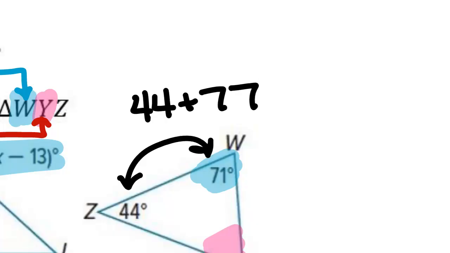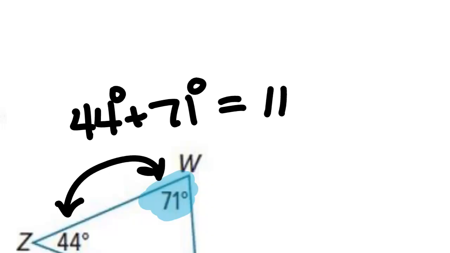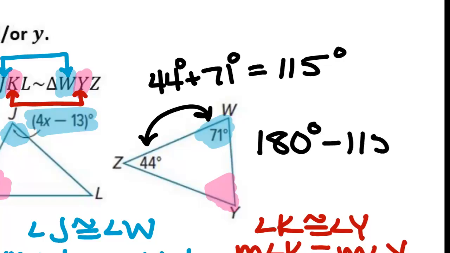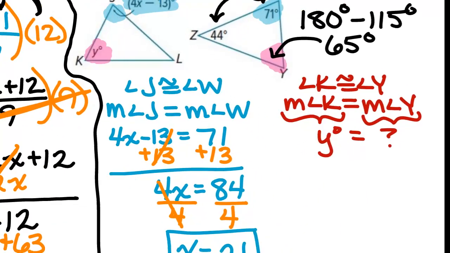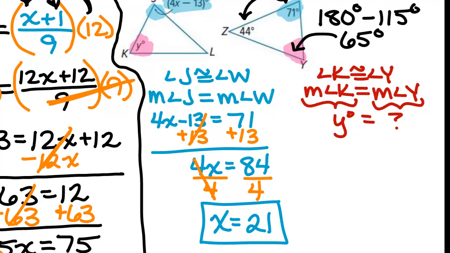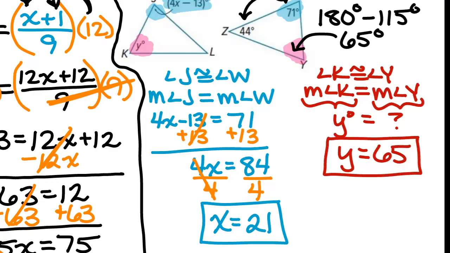Thank you for fixing my error there. 44 and 71 adds up to what? 115. And so then we do 180 minus 115. 65 degrees is this angle right here. So how big is y? 65. Y equals 65.